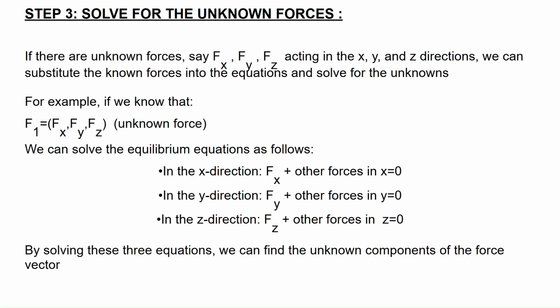In the x direction, Fx plus other forces in x equals 0. In the y direction, Fy plus other forces in y equals 0. In the z direction, Fz plus other forces in z equals 0. By solving these three equations, we can find the unknown components of the force vector.